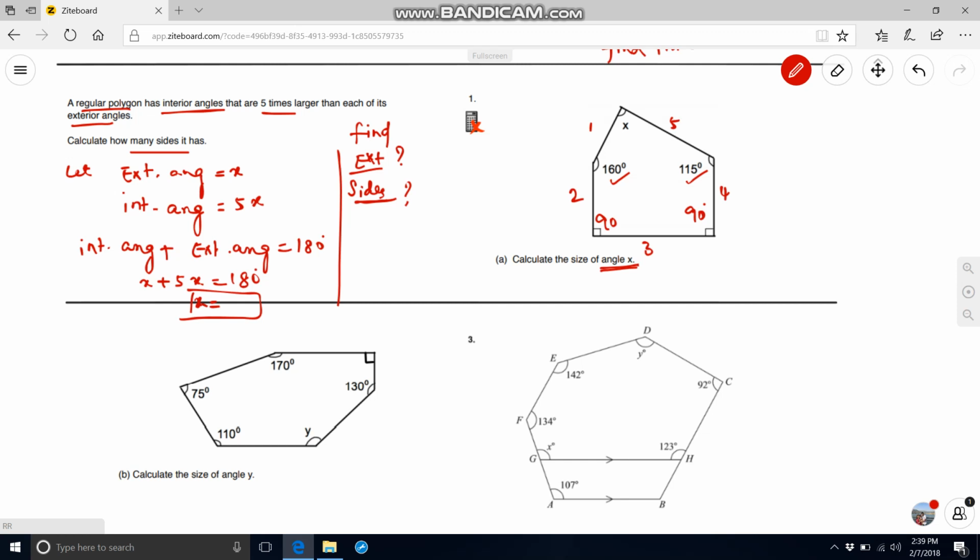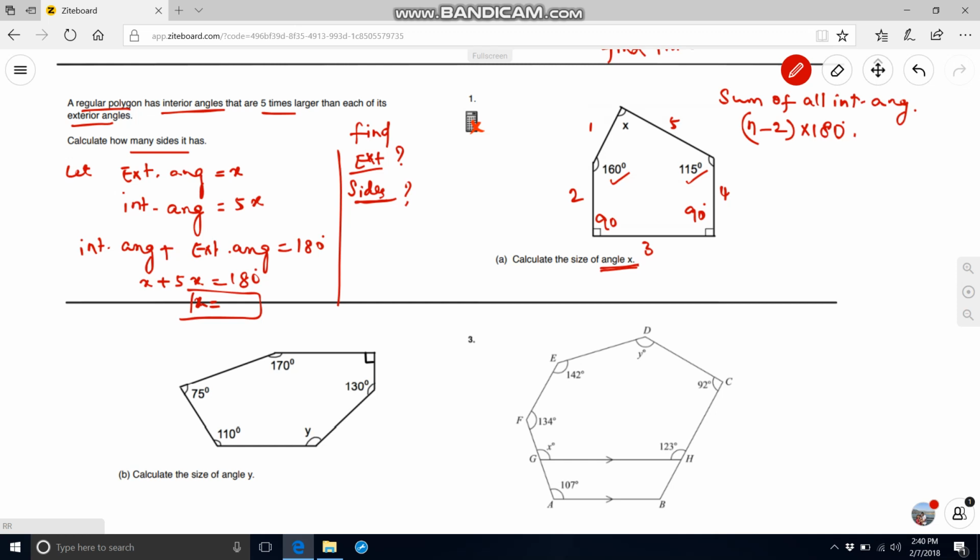So the angles, whatever is given, all the angles are interior angles. So add all the interior angles and equate to the formula, which is n minus 2 times 180 degrees. So the formula is: sum of all interior angles is equal to n minus 2 times 180 degrees.